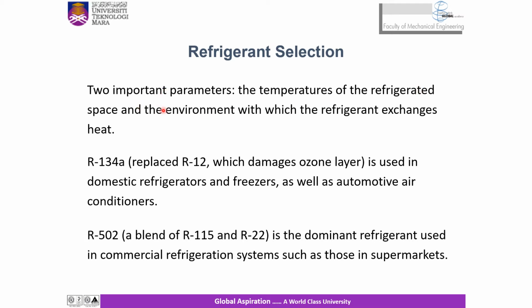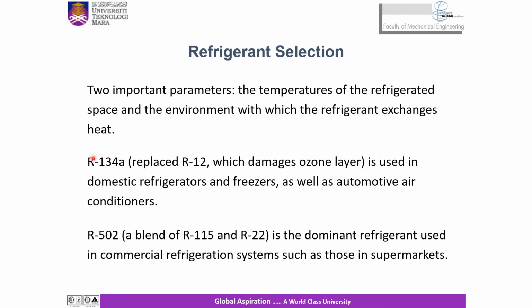And the other criterion is that the refrigerant that we use must be environmentally friendly. It cannot be destroying the environment in case there are any leaks from the refrigeration system.